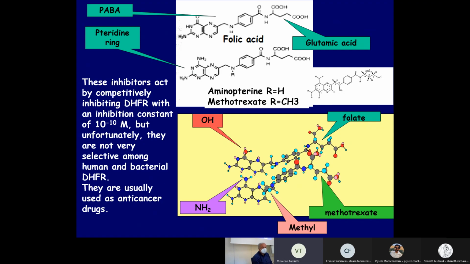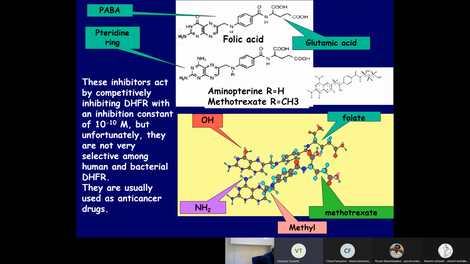This means that methotrexate is able to bind in a very potent fashion, is able to interact with the active site by blocking the binding site, and the presence of methotrexate in the binding site does not allow the allocation of the natural substrate, which is the folic acid.